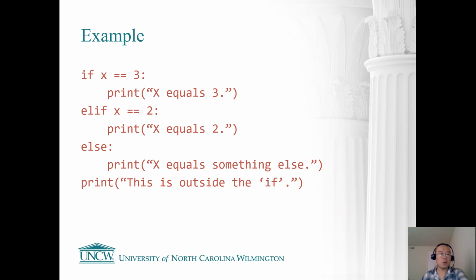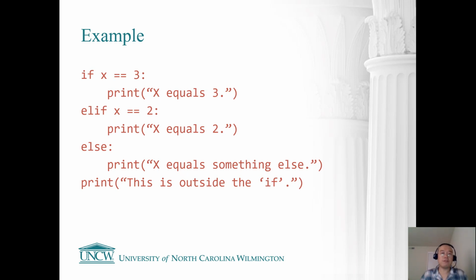Okay, so here is another example. If x equals 3, then we print x equals 3, and elif, we check another condition, if x equals 2, then we print x equals 2, and otherwise we are going to say x equals something else.